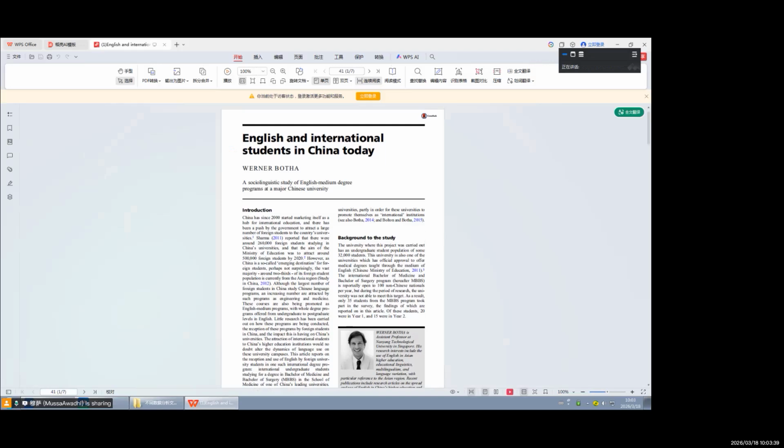Okay, I share this article with you. Can you see the article in the tool? Yeah. Okay. You can read it in the WeChat or here.